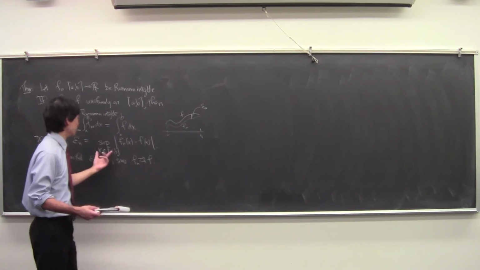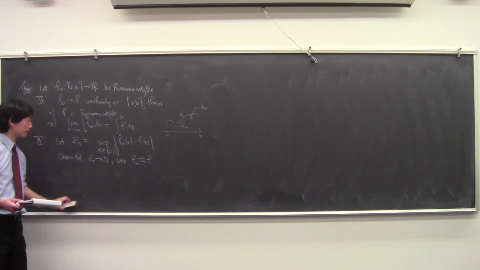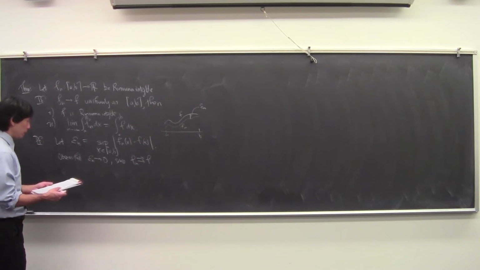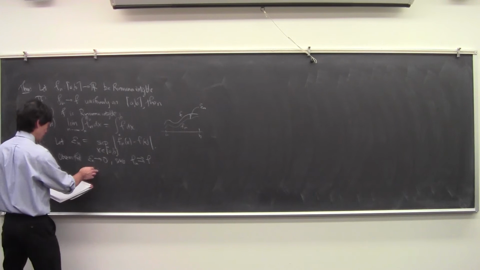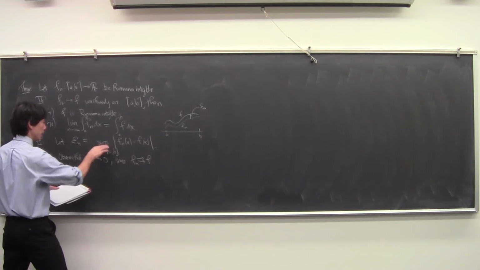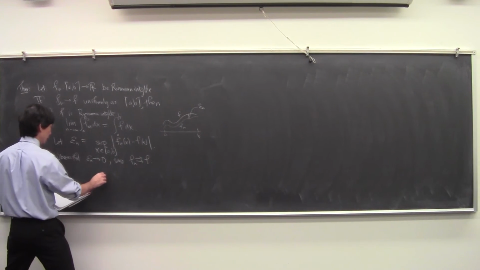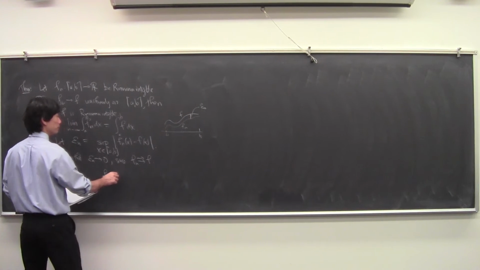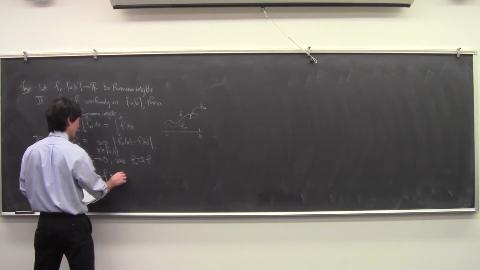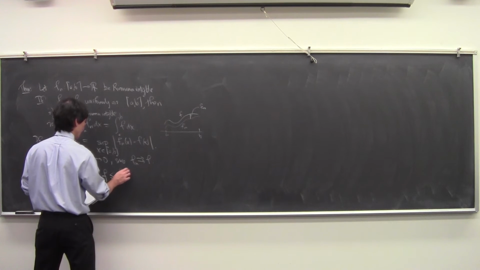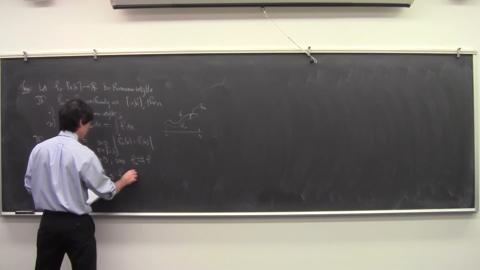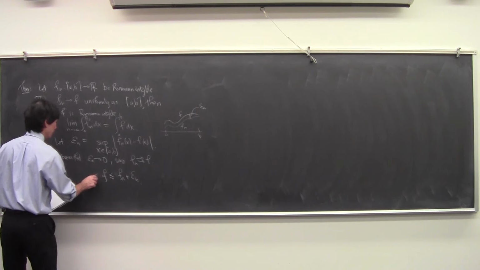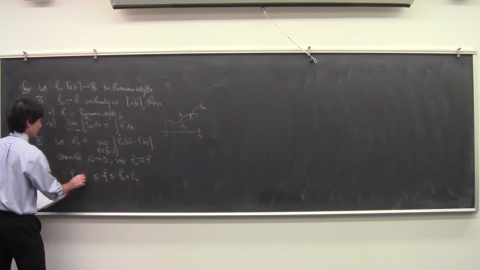Well, that's the same thing as saying that this epsilon sub n goes to 0. And then the second thing to observe is that f has to lie between f_n minus epsilon sub n and f_n plus epsilon sub n.